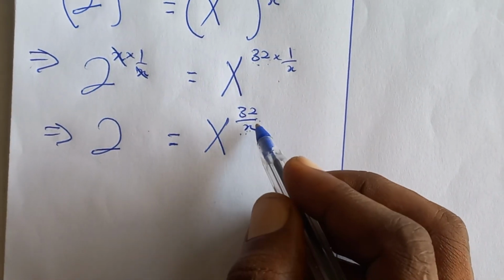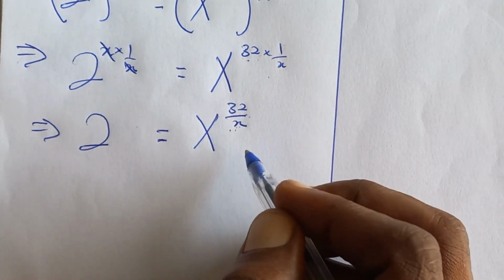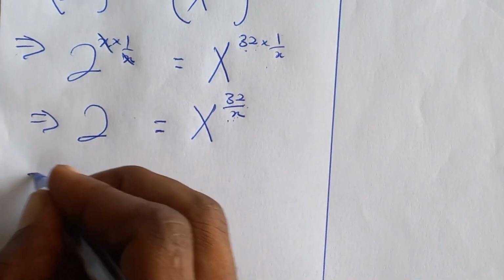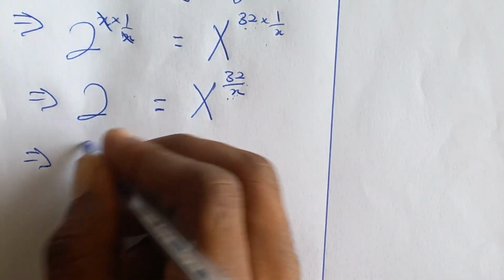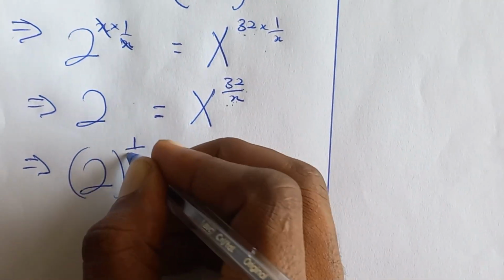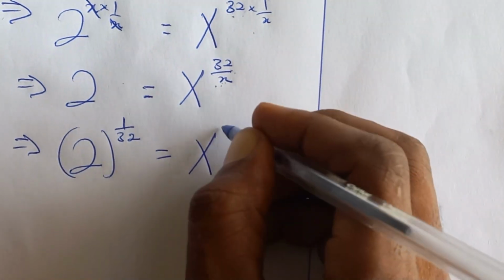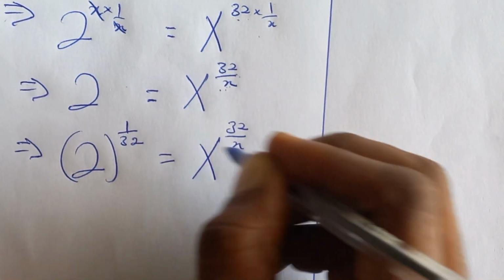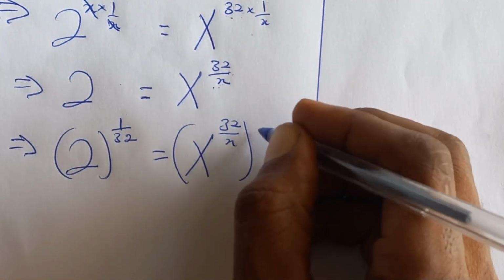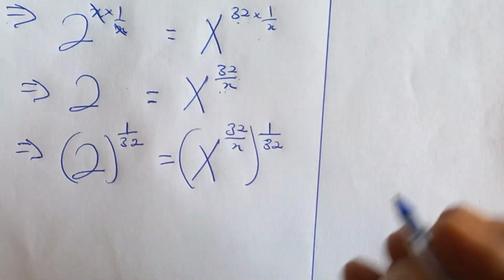So we can introduce the power exponent 1 on 32. We are going to get 2 exponent 1 on 32 is equal to x exponent 32 on x multiplied by 1 on 32.